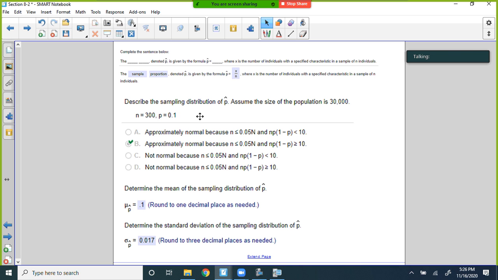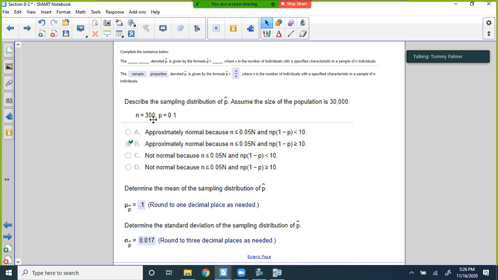So let's look at this next one, because really these are the two calculations you're going to have to do. Describe the sampling distribution of p-hat, assuming that the size of the population is 30,000, the sample size n is 300, and p is 0.1.